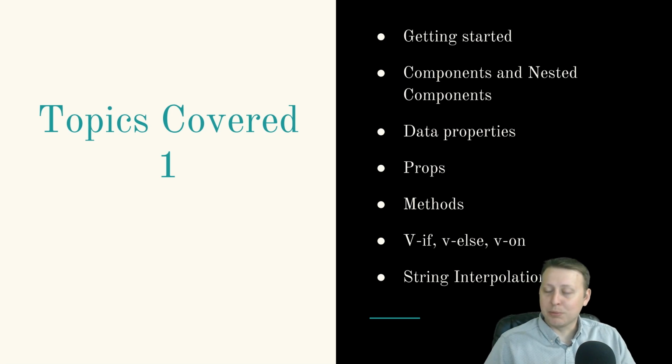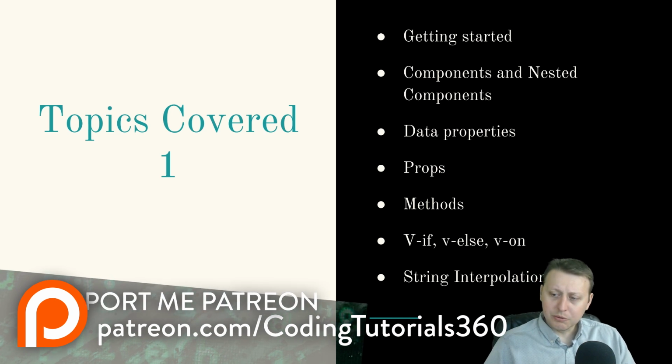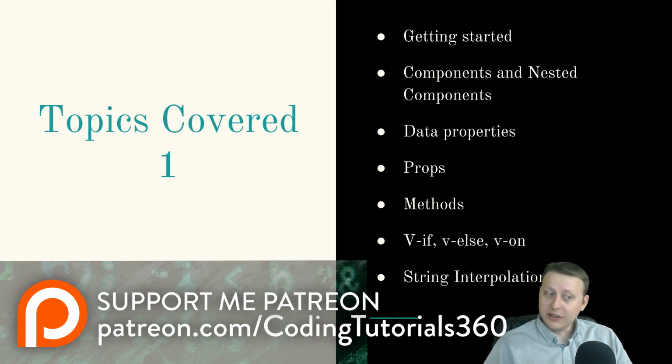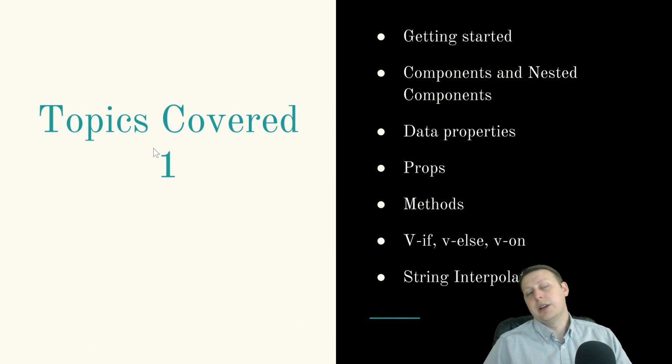We're going to be talking about data properties. We're going to be talking about props, how to pass props in, how to use props. We're going to talk about how we can assign methods to our components. We're going to be talking about some structural type directives like v-if, v-else, and v-on. We're also going to be showcasing string interpolation, how we can take perhaps the data properties and put them into the HTML as strings.